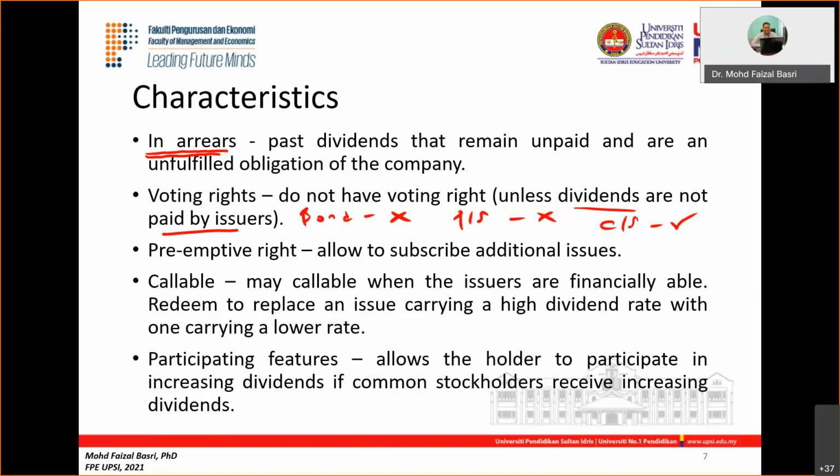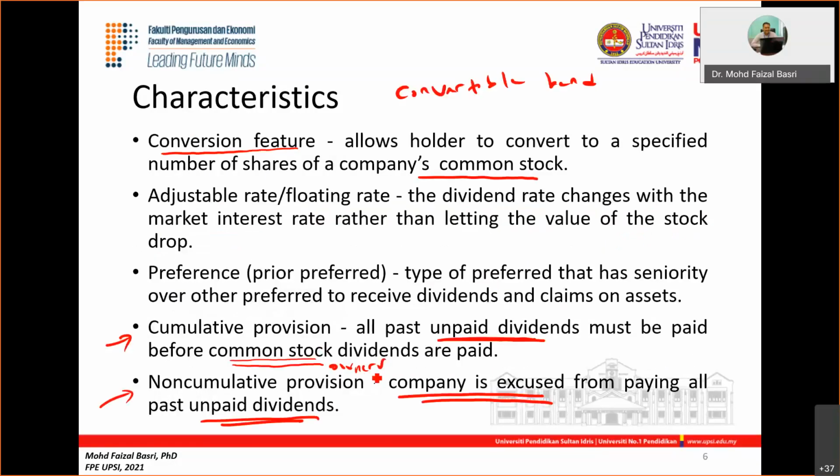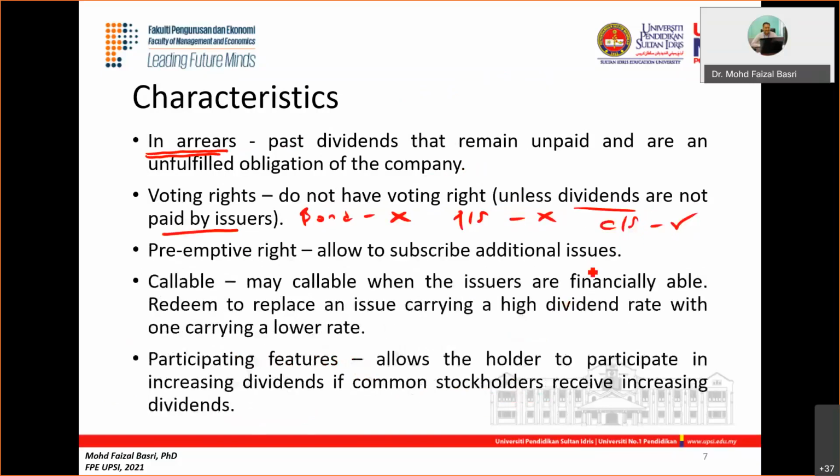So a lot of key decisions can be determined by the common stockholders. That's why they have the voting rights, because common stockholders are the owners of the company. Bond and preferred stockholders are not considered owners of the company.